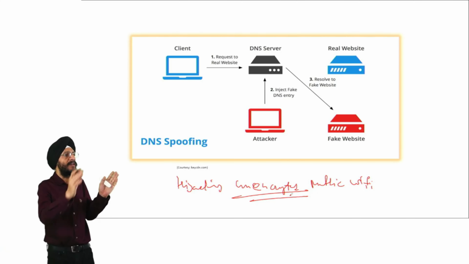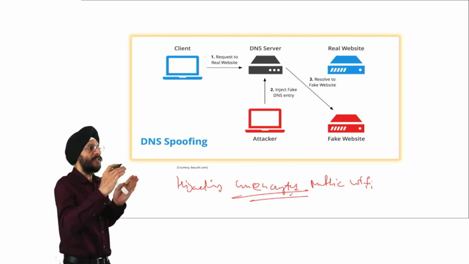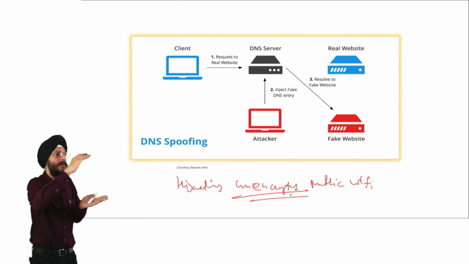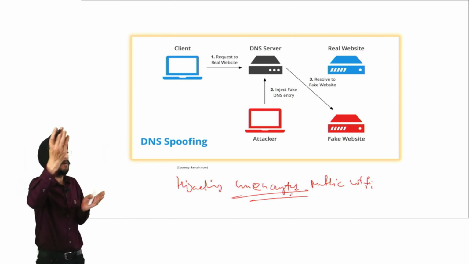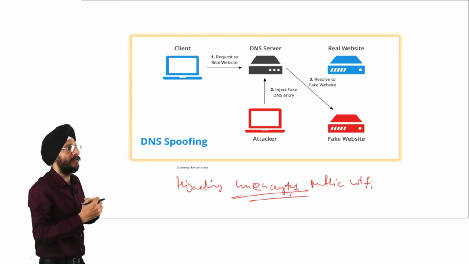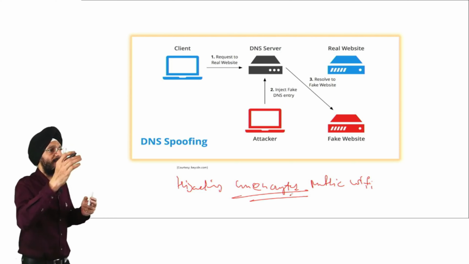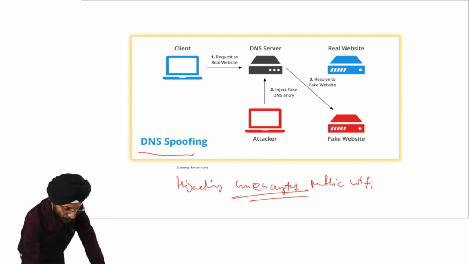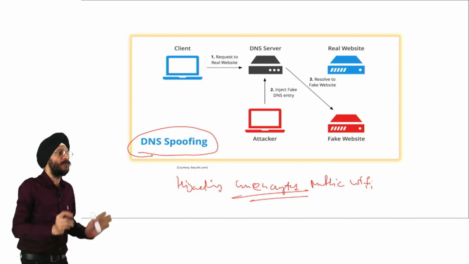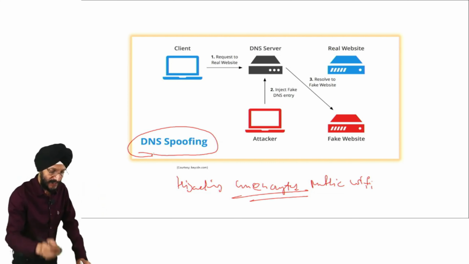The hackers may hijack that Wi-Fi system, and any communication which is taking place between the user and the website will be leaked to the hacker. It may be also possible that the hacker may use DNS spoofing for the purpose of MITM attack. What is DNS spoofing?